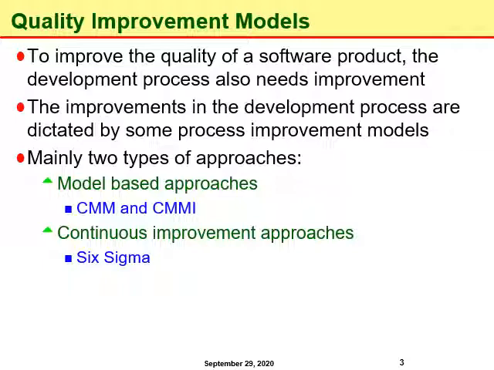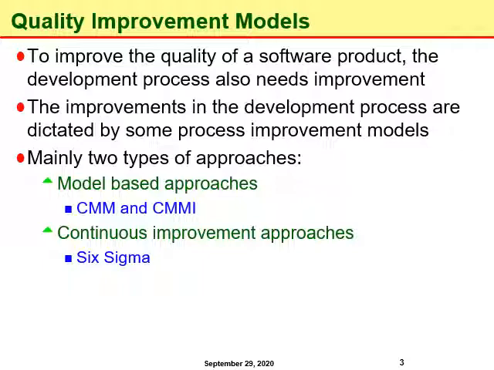In the previous lecture, we discussed some quality definition models, and from the discussion, we know that quality definition models help us understand what particular characteristics or attributes are important to consider that system a quality system.